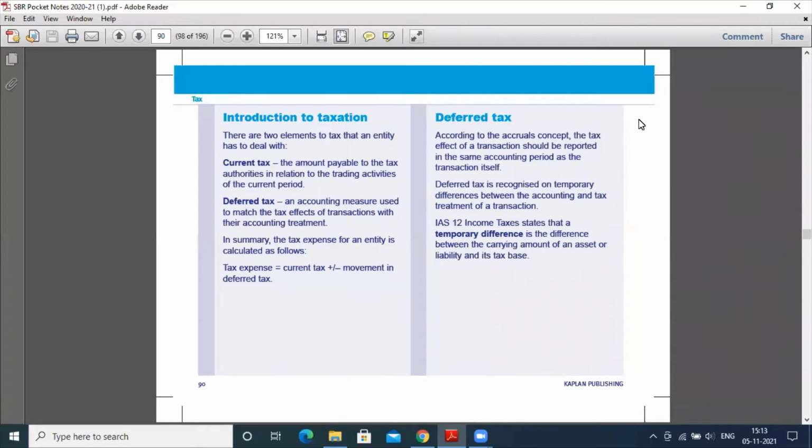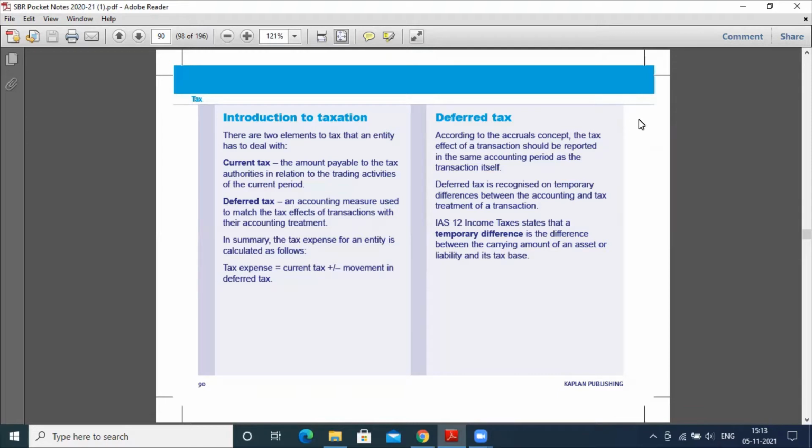There is no such treatment as per accounting rules. We may either use the straight line method or the diminishing balance method to charge the depreciation.